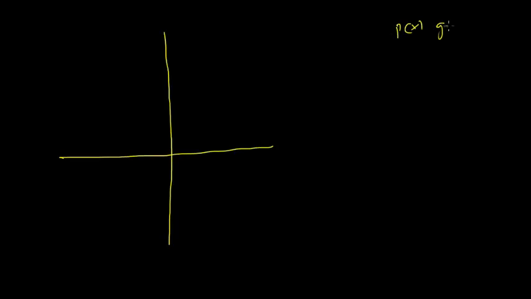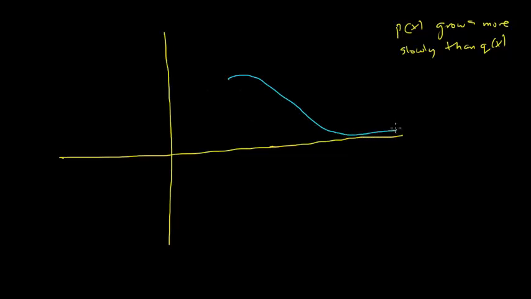Well, what if p of x grows more slowly than q of x? So I won't write it all out this time, but let's say that p of x grows more slowly than q of x as x goes to infinity, right? Well, in this case, r of x, whatever it does in this region, will eventually start approaching 0.